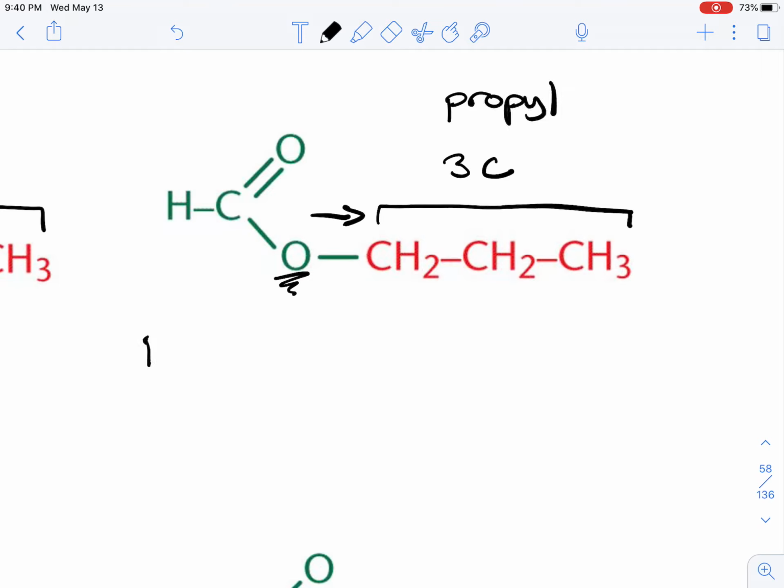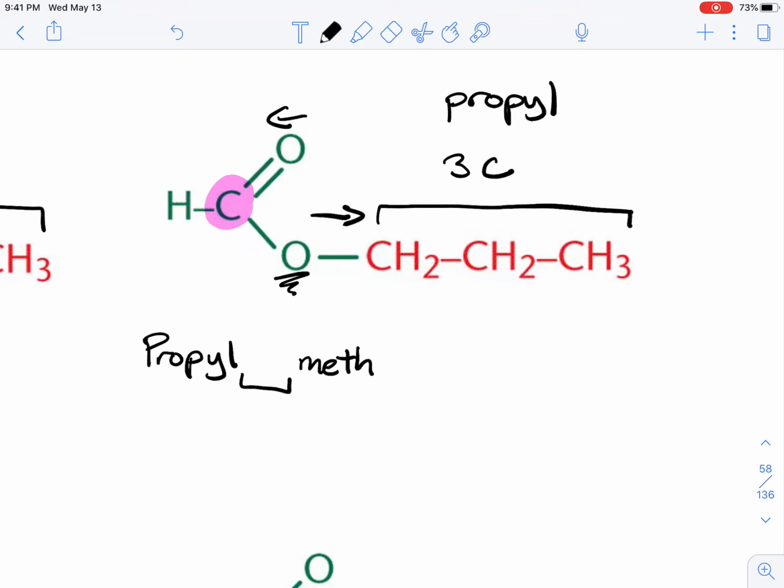And so the propyl is going to come first. Now looking to the left of my carbonyl group, I notice that I only have a 1-carbon compound. And so I'm going to put a space between them, and for a 1-carbon compound, that prefix is going to be meth.